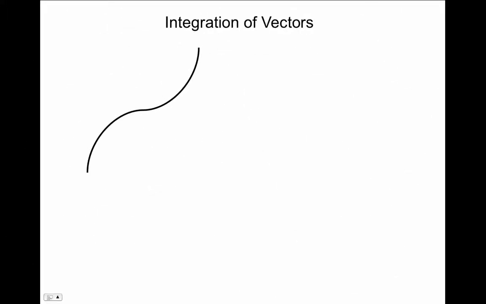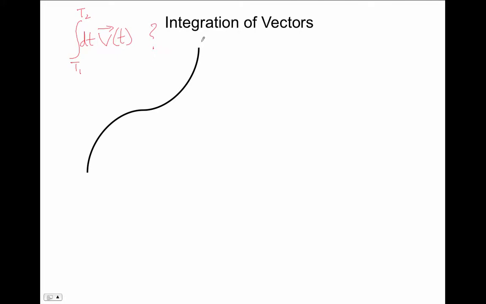We've learned how to differentiate vector-valued functions, but can we also integrate vector-valued functions? In other words, what would an integral like this, the integral dt of v of t from, let's say, t1 to t2, mean? What's the meaning that we can give to this? Now, imagine that there's an arbitrary curve that looks like this.